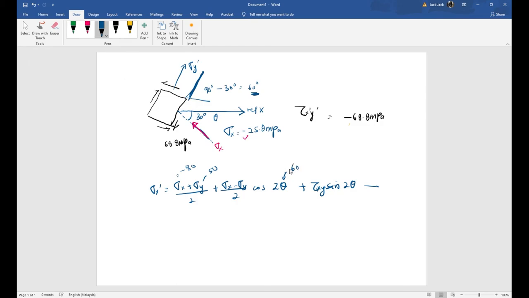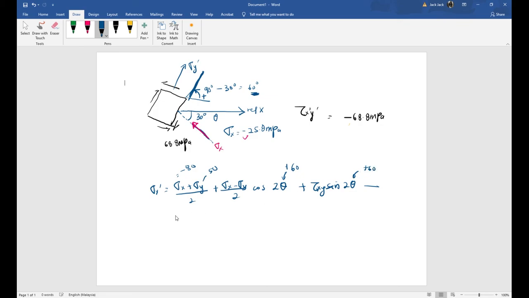Be careful here: the sign for theta is positive. Why? Because we are referring to the original x-axis, to this direction, so the direction is counterclockwise. That's why we define theta as positive 60 degrees. Be careful with that.